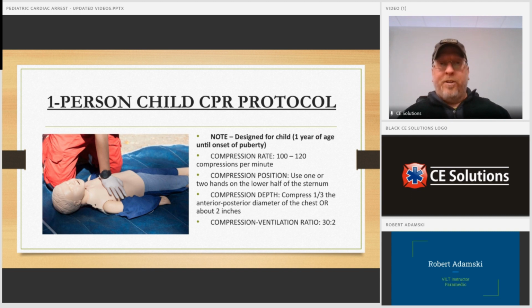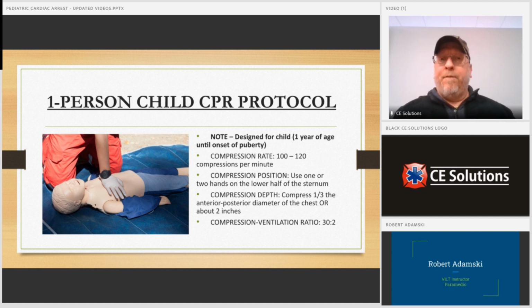Now, for one person child CPR, and remember, this is for children from 1 year old all the way up to puberty. How do you know somebody's in puberty? You're looking for development of secondary sexual characteristics. Okay. So we're looking for underarm hair in the guys, for example.